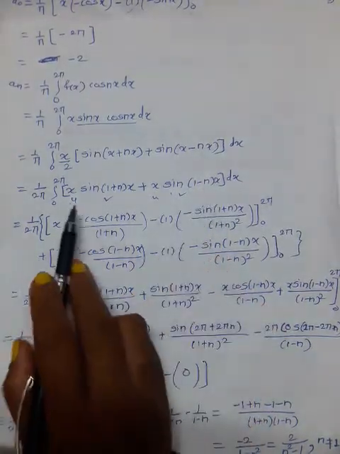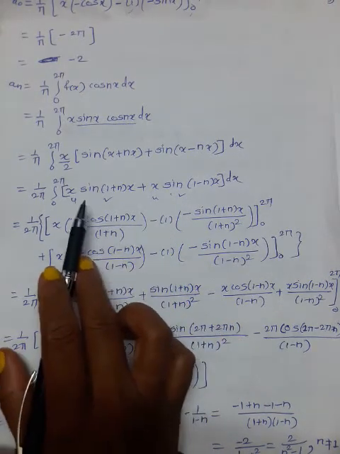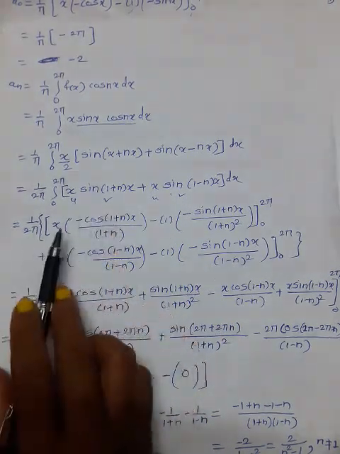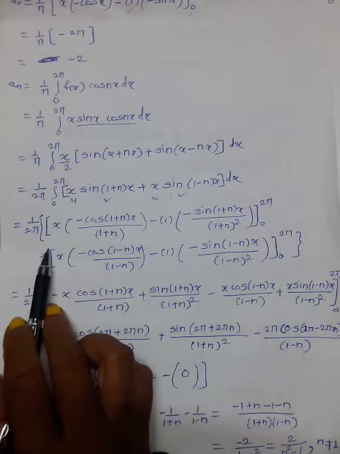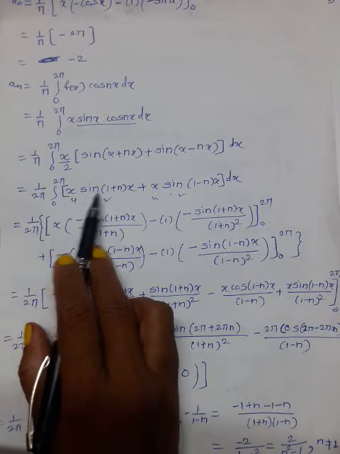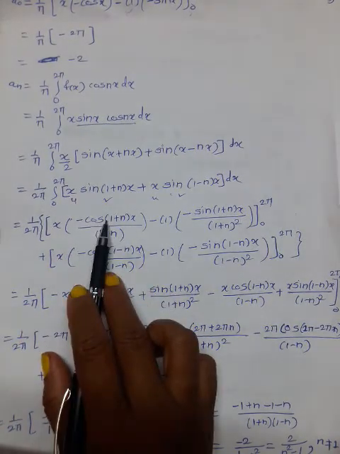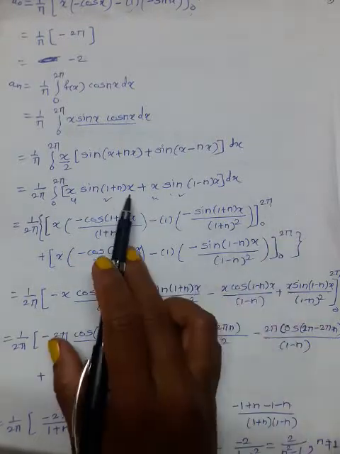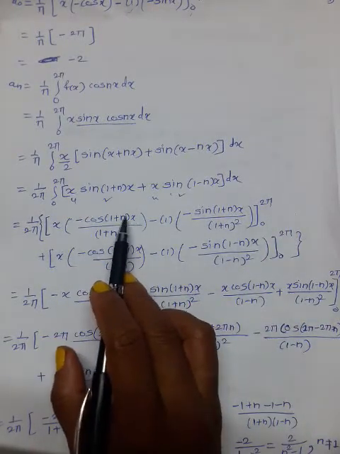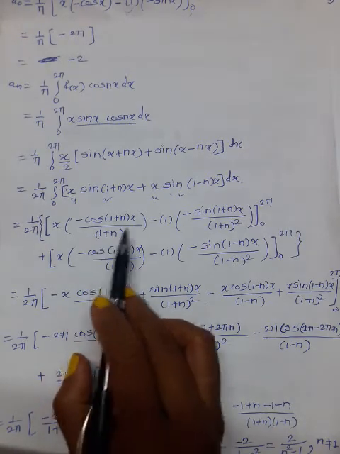Okay, now again these are two separate integrations. We have to use the u into v rule. Again make the curly bracket bigger, and now for the first integration, u into the integration of sin: x into the integration of sin, which is minus cos (1 plus n) x, divided by the derivative of the angle, that is 1 plus n, bracket complete.